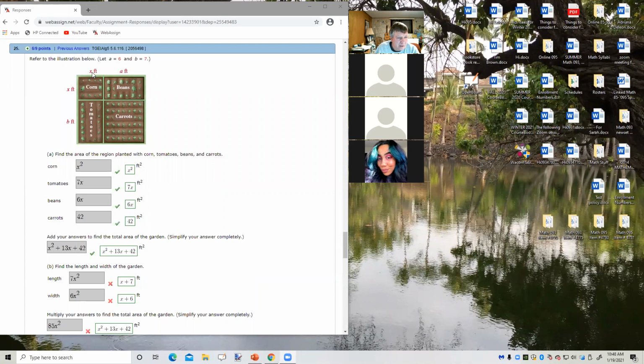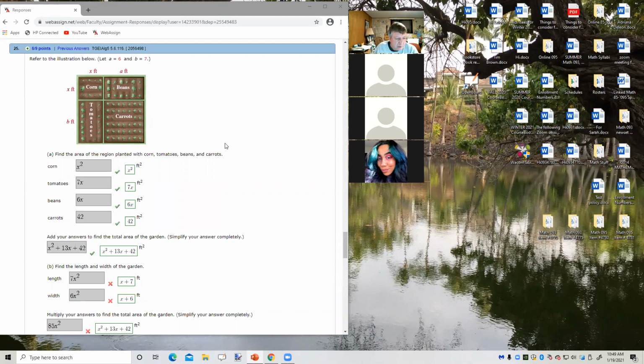So we've got X plus 6. So the length is X plus 6 feet. Now, if this is the width, this would be X feet plus B feet. B is 7. So the width is X plus 7 feet.